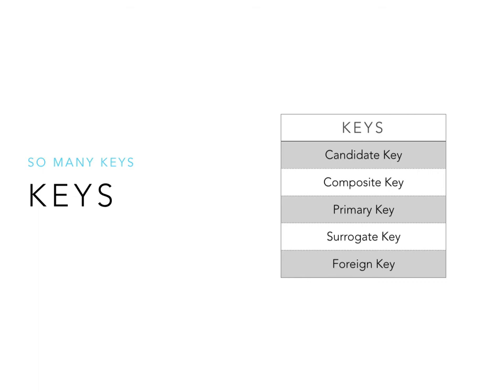In that example before, remember that SKU and SKU description uniquely determined all the other columns, I believe. So both of those are candidate keys, but we would almost certainly choose SKU as our primary key because it's an integer and it would be much easier to deal with. It would be faster for the database to use.